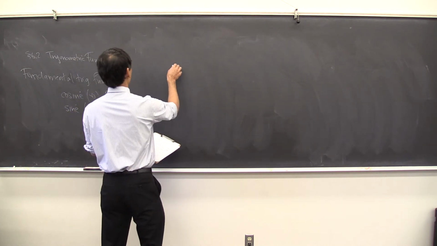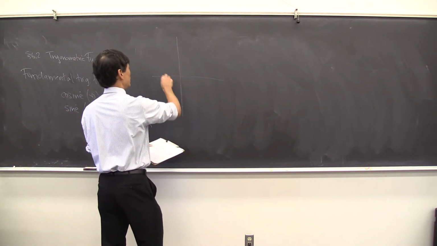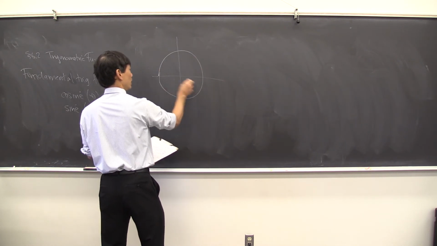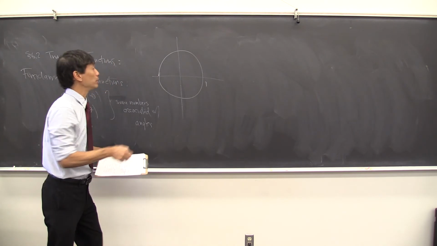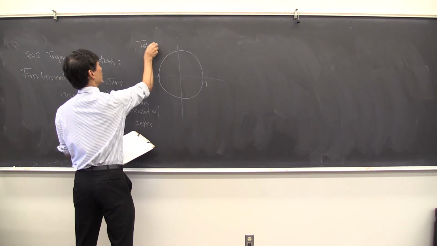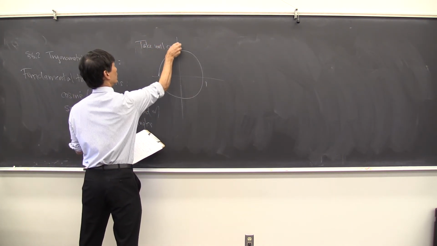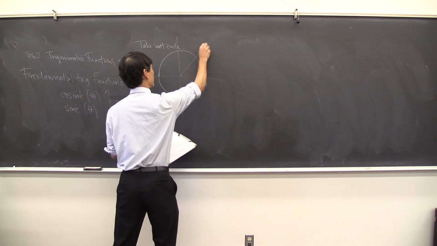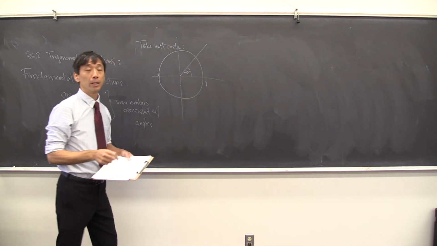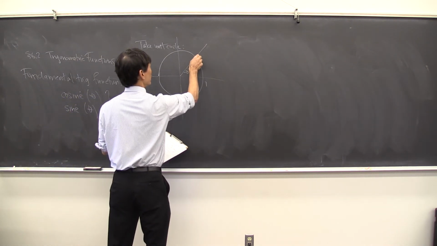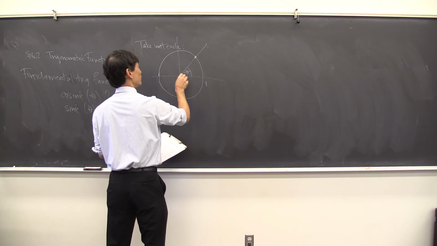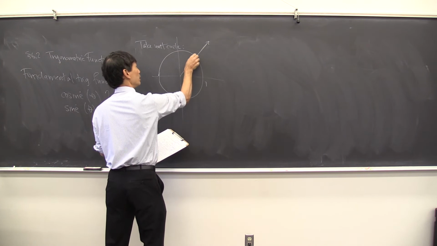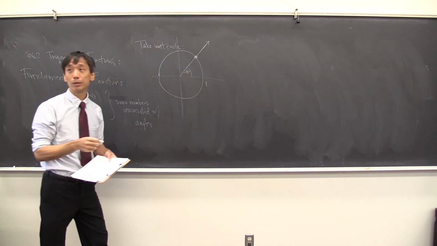What numbers are they? Well, it actually has a very simple description. You take the unit circle, and you take your angle, theta, say. And then cosine is the x-coordinate of that point. So you draw a ray at that angle going out and look at the point of intersection with the unit circle.